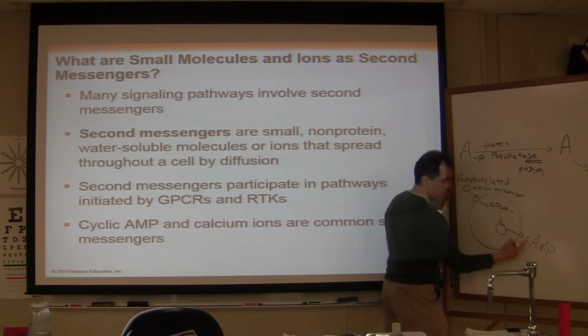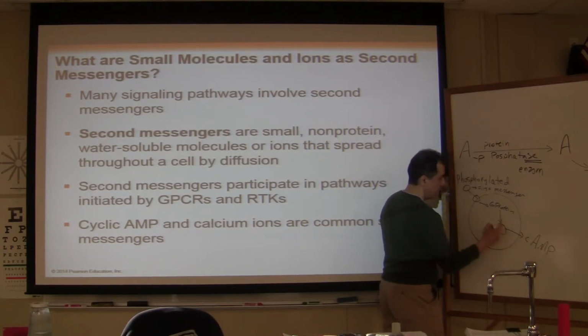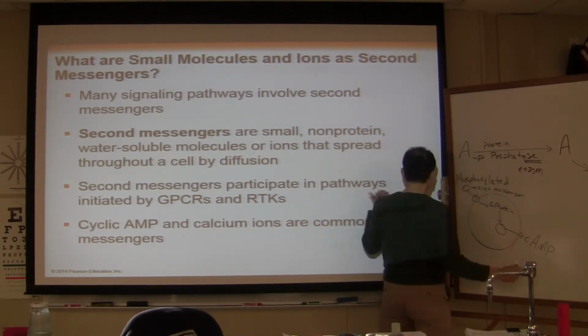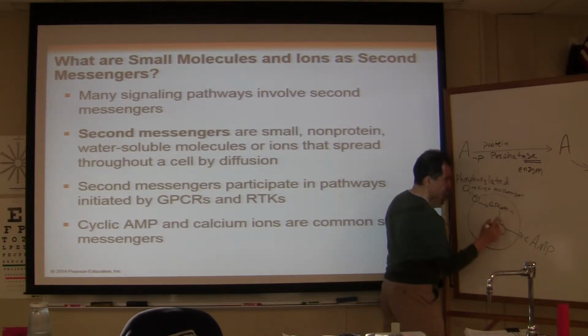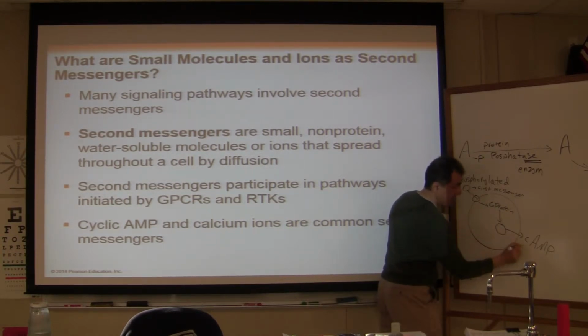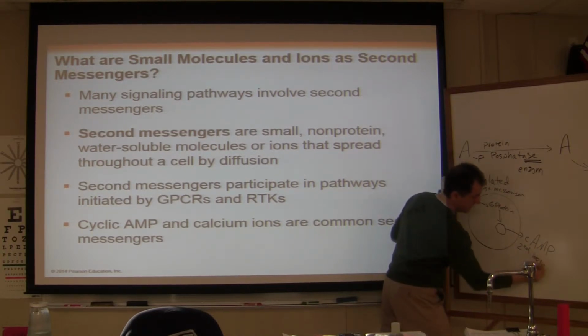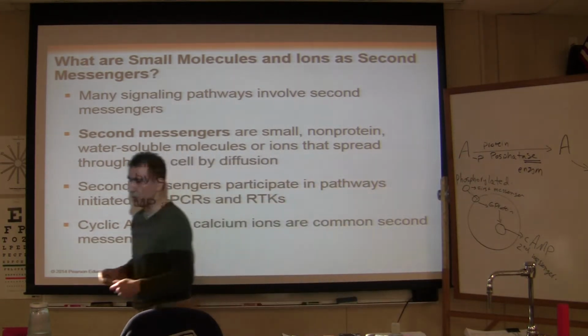They show it as small c, capital A, capital M, capital P. And I will hopefully, if the PowerPoint comes up, talk about that a little bit. If not, it's not significant. But the G protein turns on cyclic AMP, and cyclic AMP would be your second messenger.